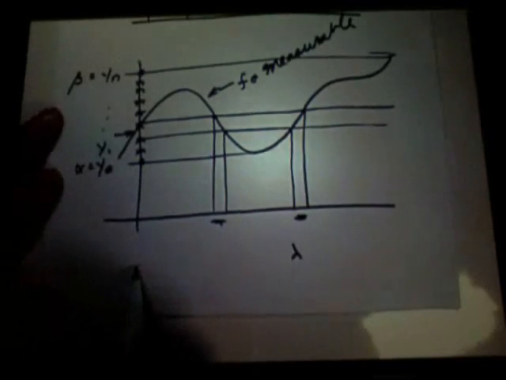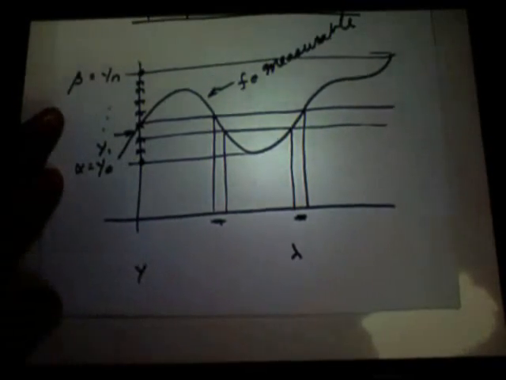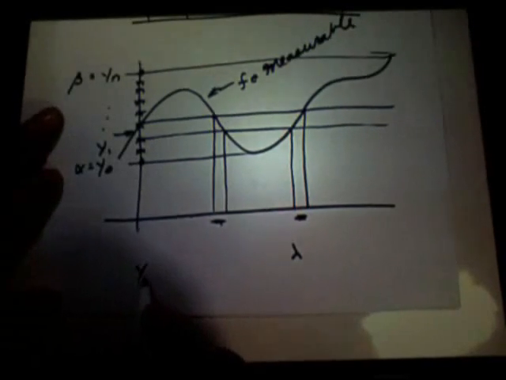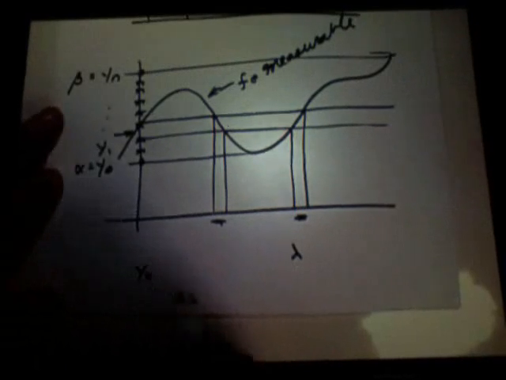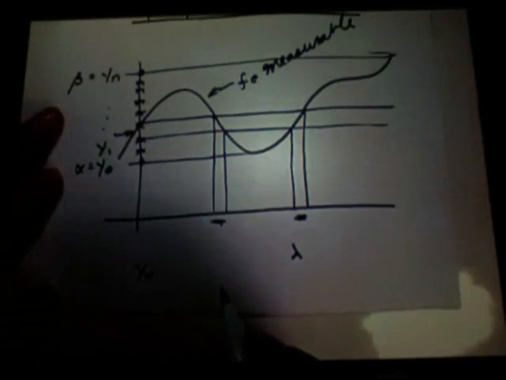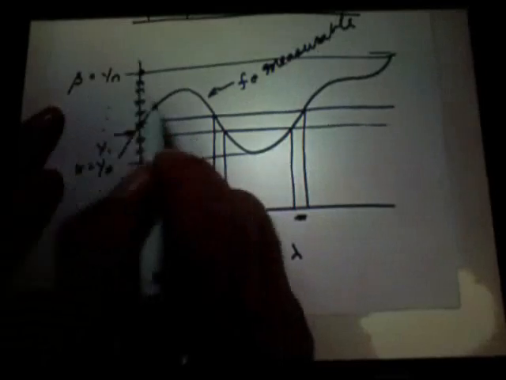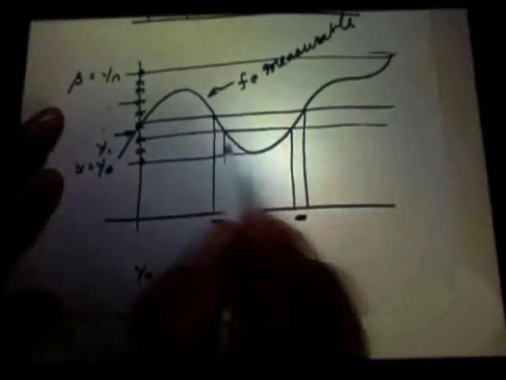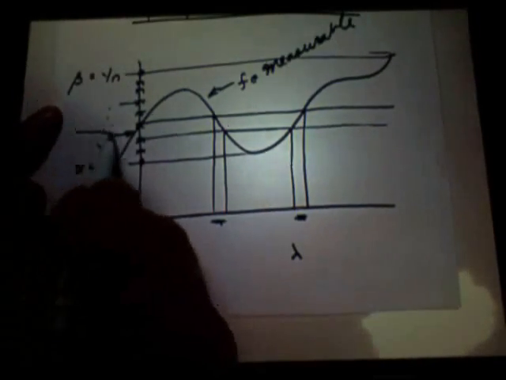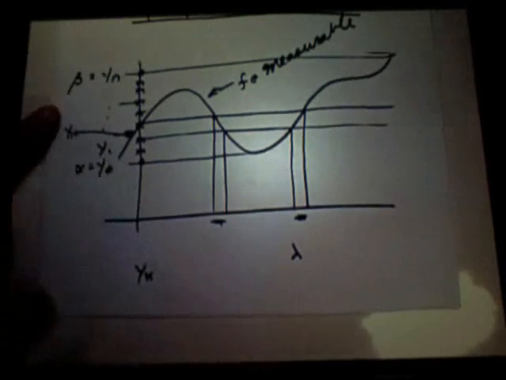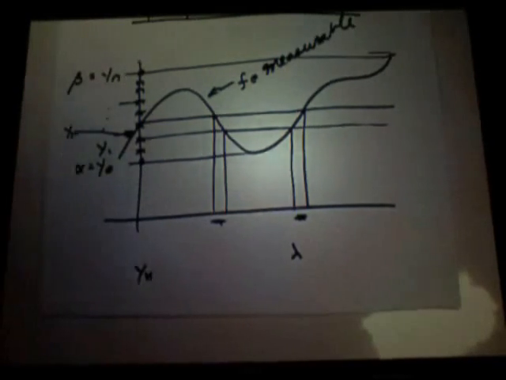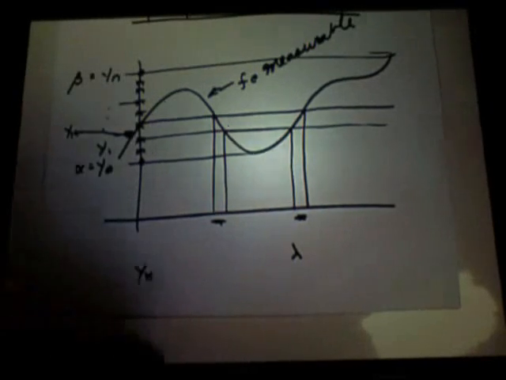I will take a typical element, y sub k. So he's sitting in here somewhere. Let's suppose that this particular value here is y sub k, and that's the beginning of the kth subinterval on the y-axis. Okay, so that's y sub k.